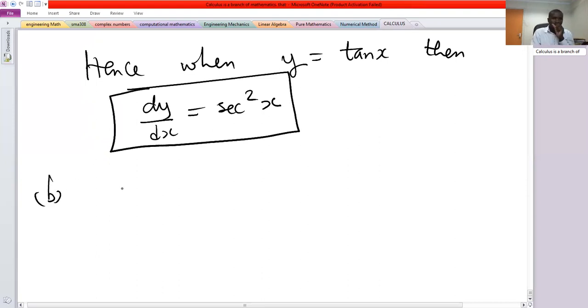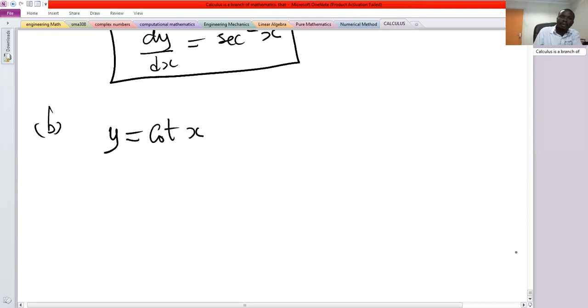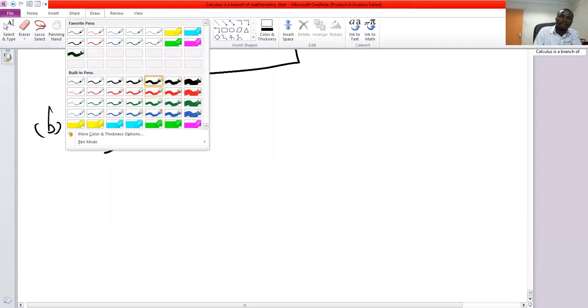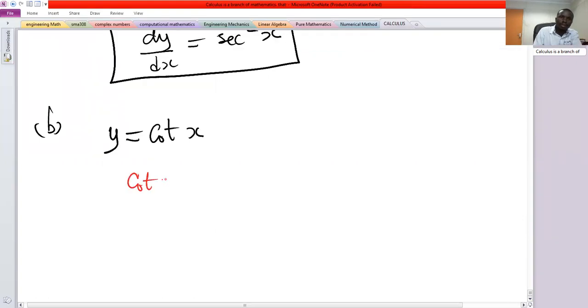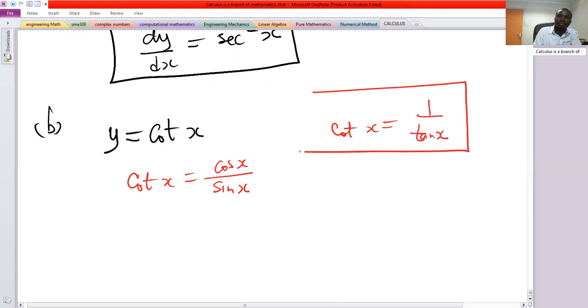The second, y is given by cot x. Now from definition, cot is cos over sine. So cot x is the same as cos x over sine x. Remember, cot x is the same as 1 over tan x, so simply the reciprocal of tan is cot.